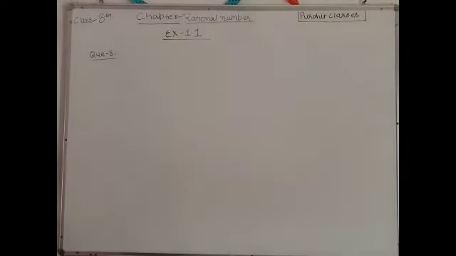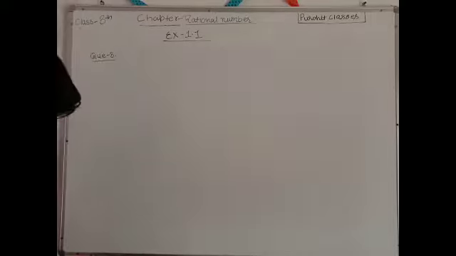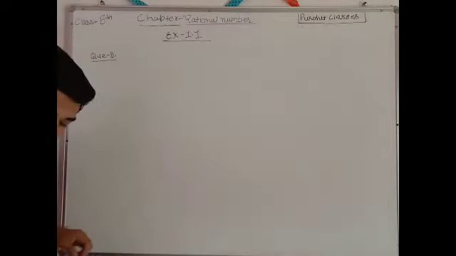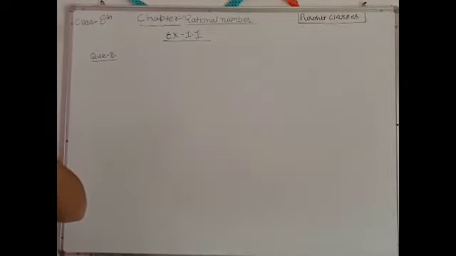Now just see question number 8. It says, is 8 upon 9 the multiplicative inverse of minus 1 whole 1 upon 8? Okay, and then the question is asking why or why not. If we have to check whether the given number is the multiplicative inverse of the number, what will we do?